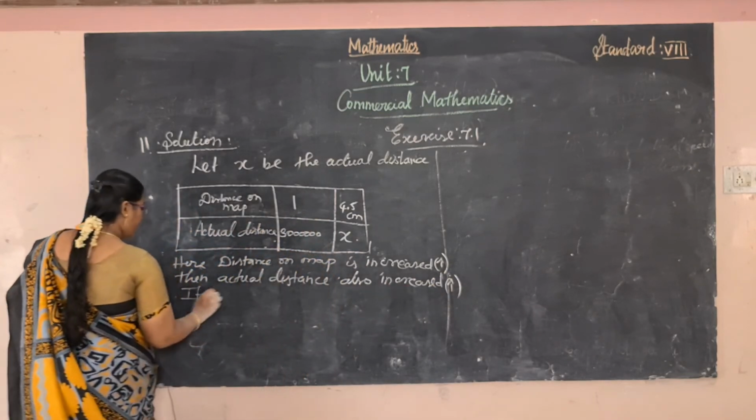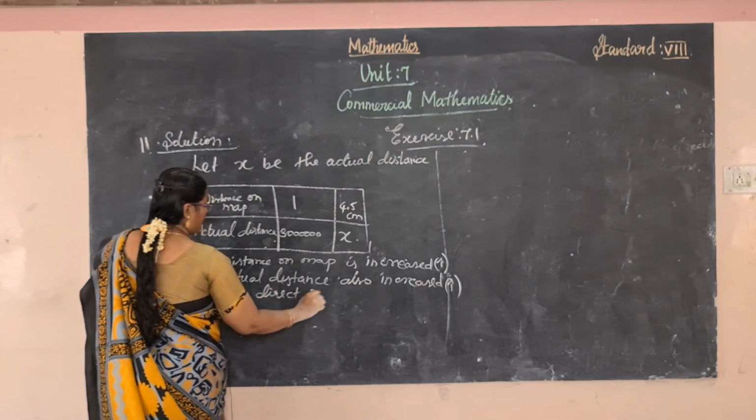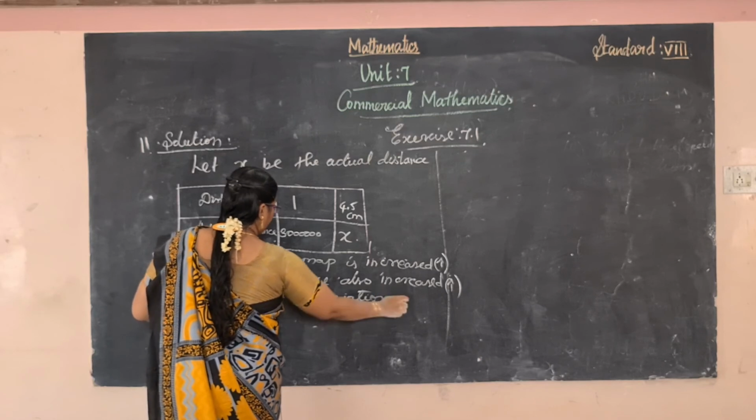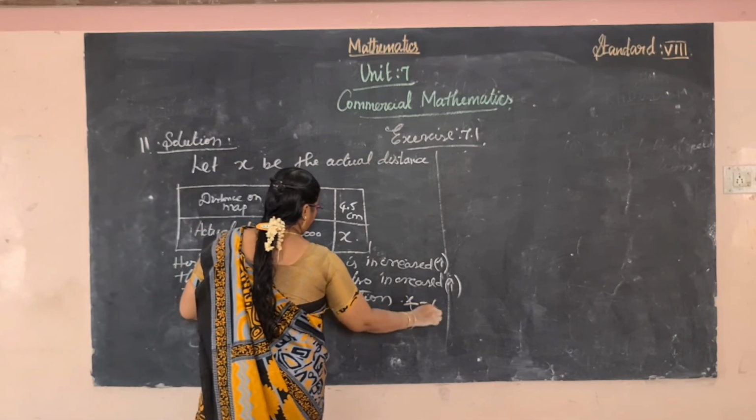It is a direct variation. So x by y is equal to k constant.